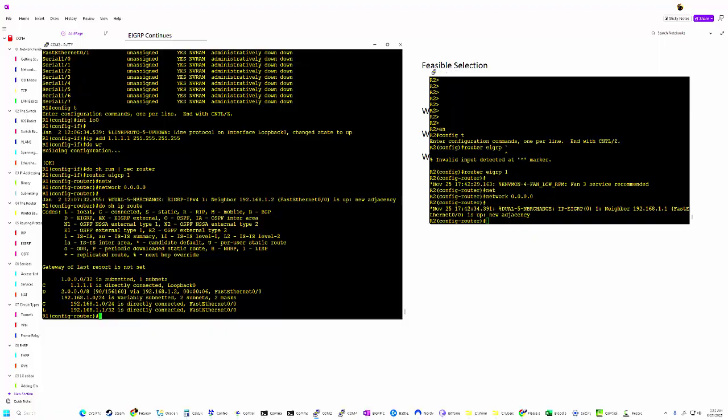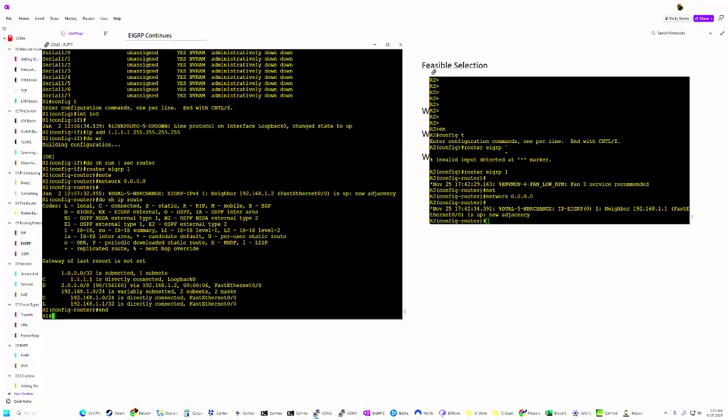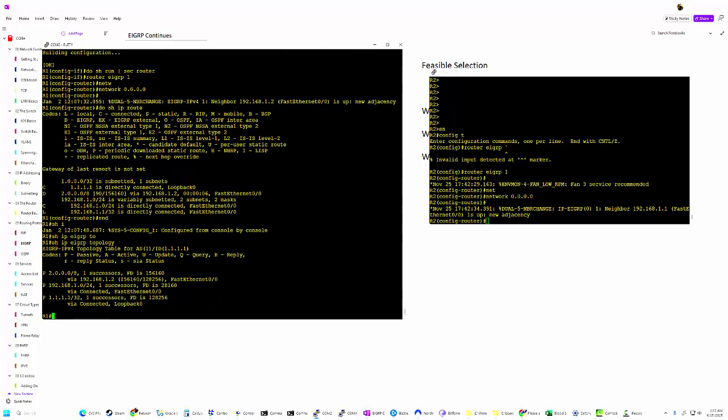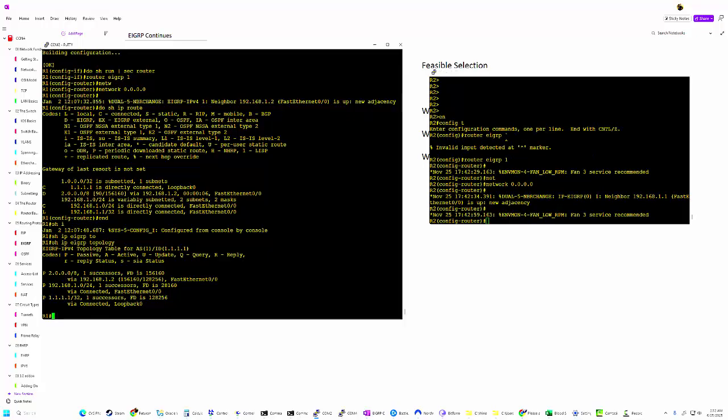Okay, now here's the thing here. Show IP EIGRP topology. Okay, so now for 192.168.1.0, this is the successor, and the feasible distance is 28,160.